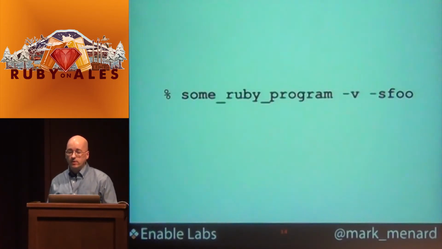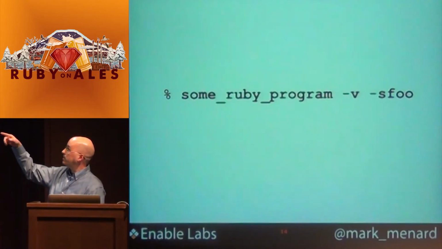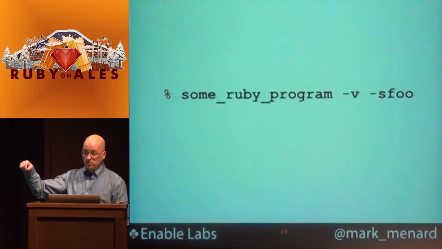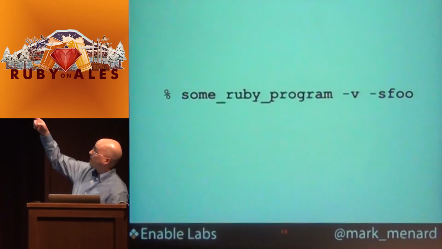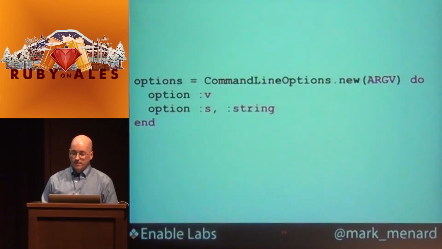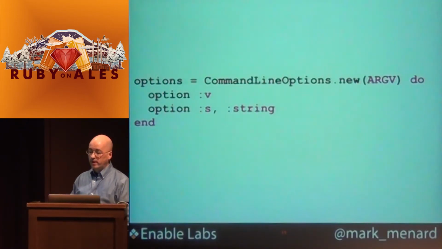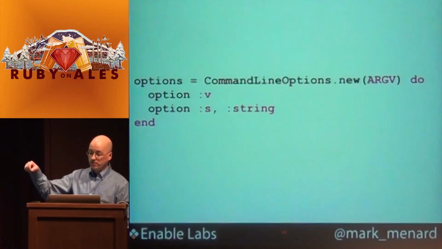At the command line, I want to be able to run some program, pass it some arguments, in this case a -v and a -s foo. In this example, the v is a Boolean option, and the s is a string option. In my Ruby program, I want to define what options I'm looking for using this simple DSL.